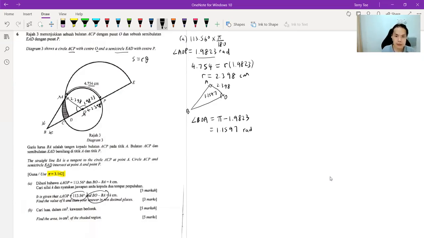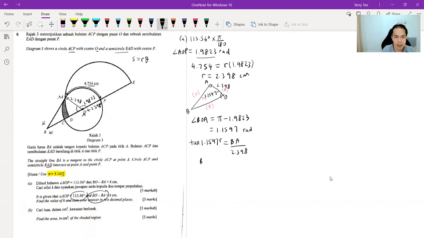Once you know this is 1.1597 in radian, we can use SOHCAHTOA to find the length of AB. For this angle, this is your opposite, this is your adjacent, and your adjacent is 2.398. BO is your hypotenuse. So here I'm going to use tangent. Tangent of 1.1597 radian is BA divided by 2.398.